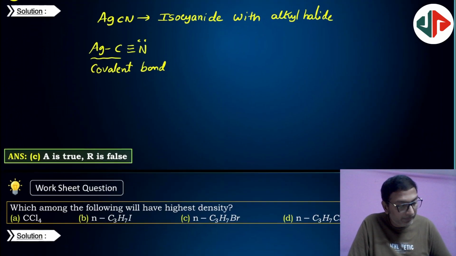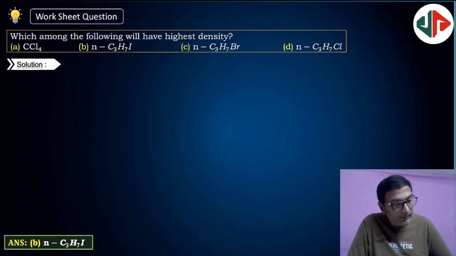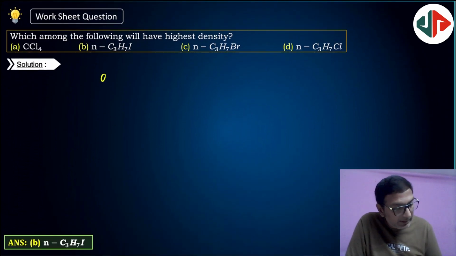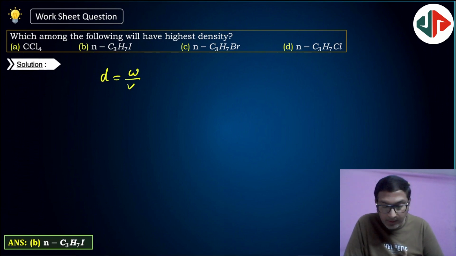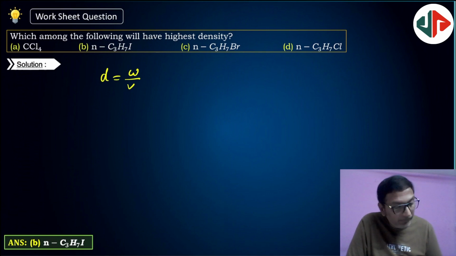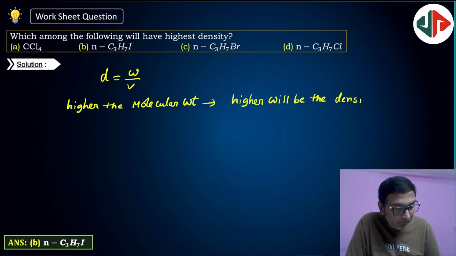Next. Which among the following will have highest density? Density equals weight by volume. Therefore, the higher the molecular weight, the higher the density. Very, very important.